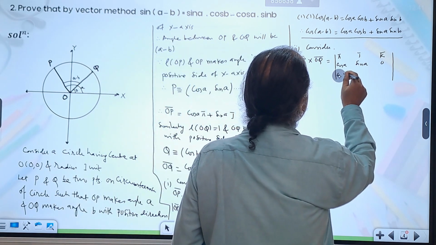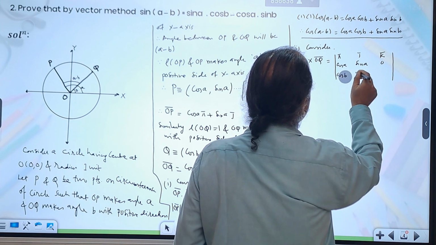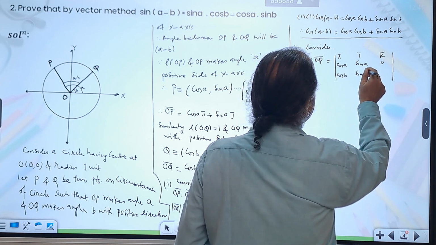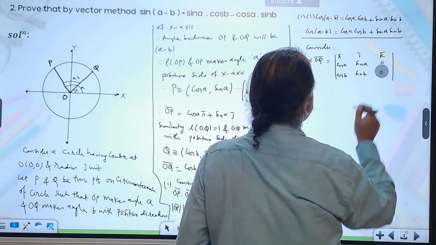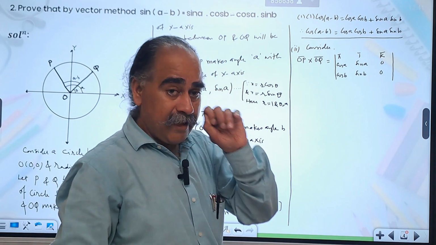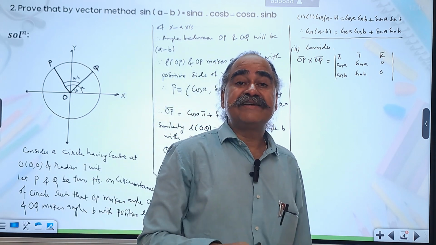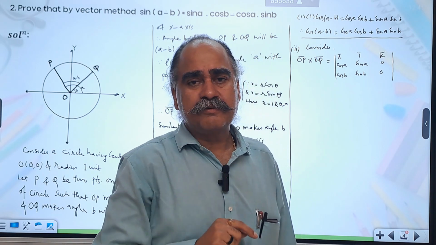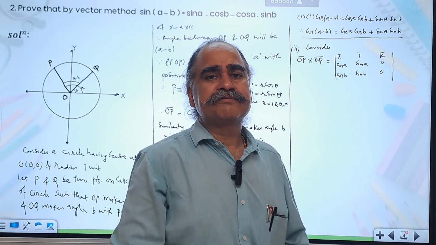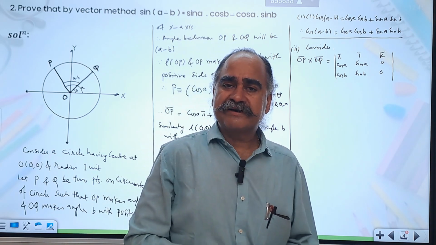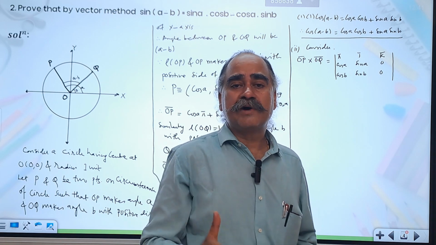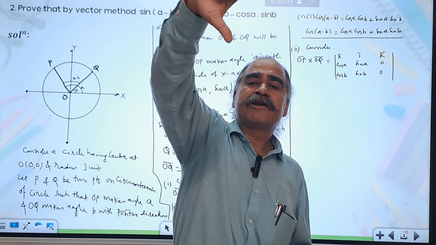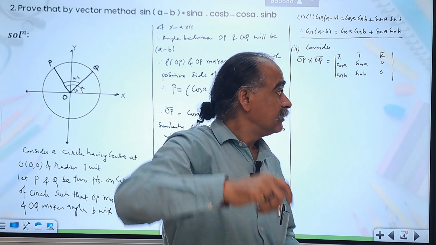Cos B, sin B, 0. OP bar and OQ bar lie in XY plane, and Z axis is what? Perpendicular on XY plane. So the unit vector perpendicular to OP bar and OQ bar will be either plus K bar or minus K bar.